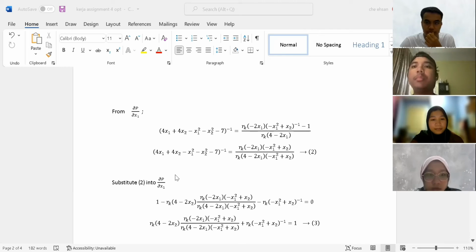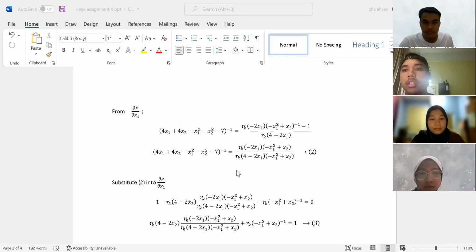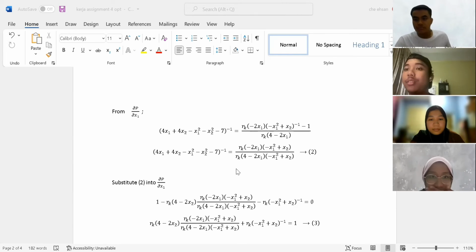So from delta P over delta x1, we got (4x1 plus 4x2 minus x1 square minus x2 square minus 7) to the power of negative 1 equal to rk times negative 2x1 times (negative x1 square plus x2) to the power of negative 1 minus 1 over rk times (4 minus 2x1).